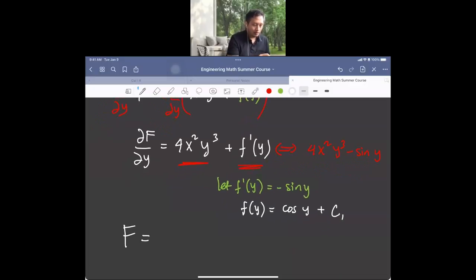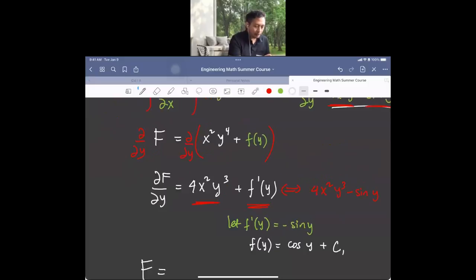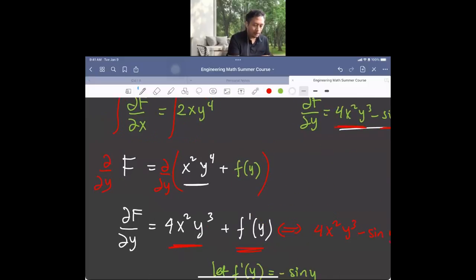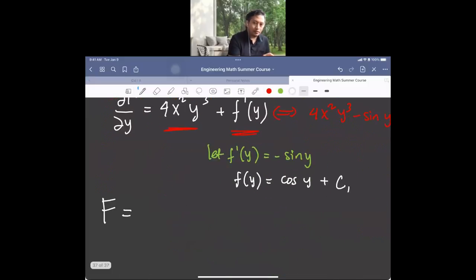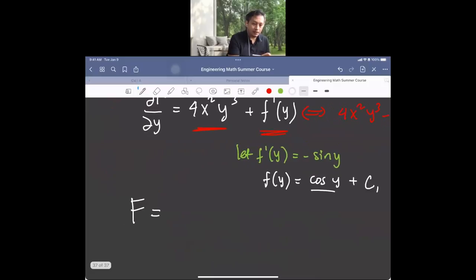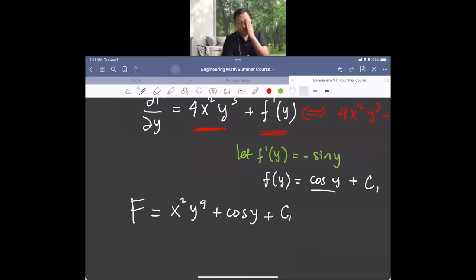Now the big F. Since we have this x squared y^4 and f of y is cos y, we can tailor our solution. Okay, so x squared y to the 4 plus cosine y, plus the constant.